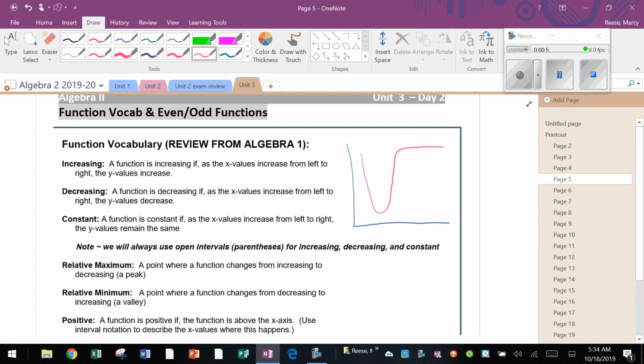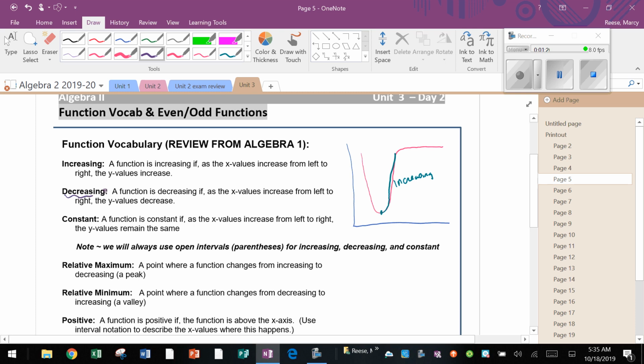So let's see if you remember this. If a function is increasing, when you're looking at the graph from left to right, the y value will increase as the x increases. So the one that I just drew, from this point on up, is increasing. You're always looking at it from left to right.